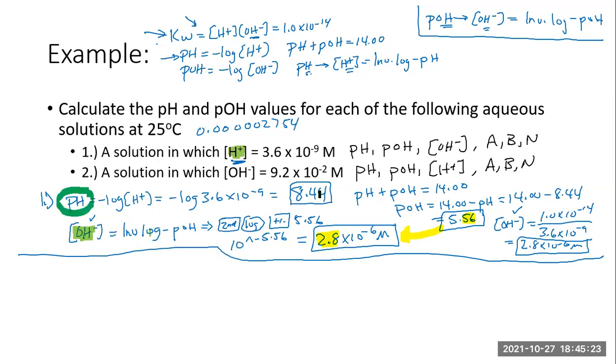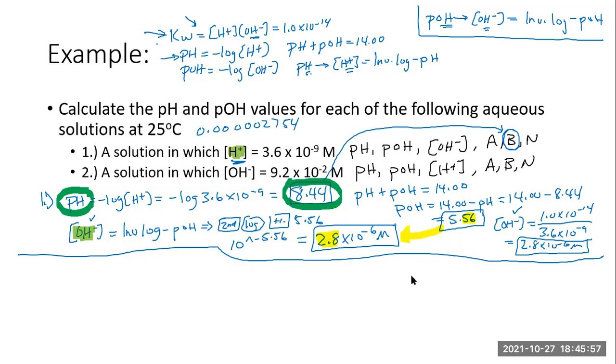So the pH value in this case is 8.44. 8.44 is above 7, which means this should be basic. Any questions on that there? Again, here, I did not look at the pOH value because that would probably give me the wrong answer. Always look at the pH value. Any questions on how I got any of those numbers there?